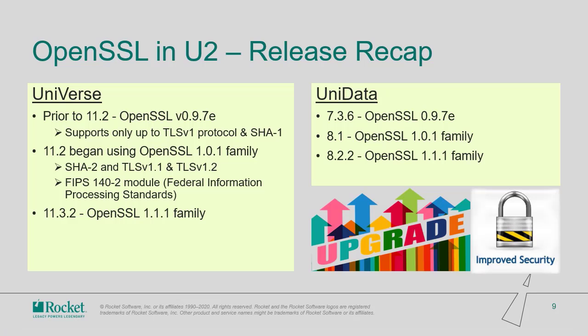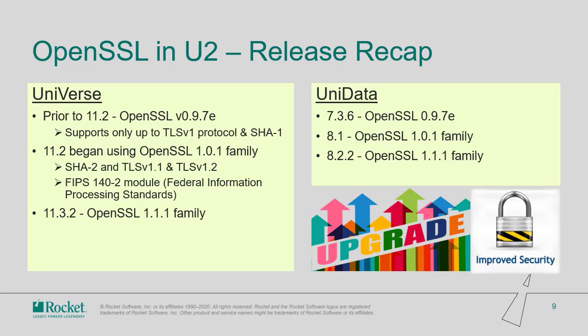So as you picked up from the knowledge base articles I visited there, Universe up through the 11.1 releases relied heavily on OpenSSL 0.9.7e, which today would really limit you with support for only up to TLS v1 as the maximum protocol, and it only supported up through SHA-1 certificates.